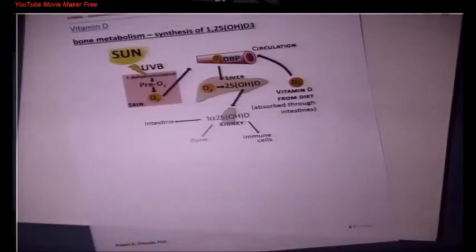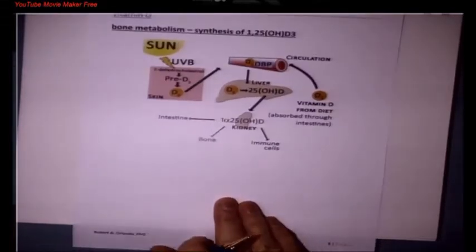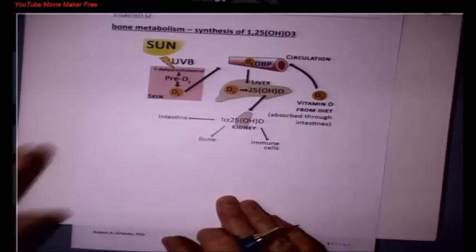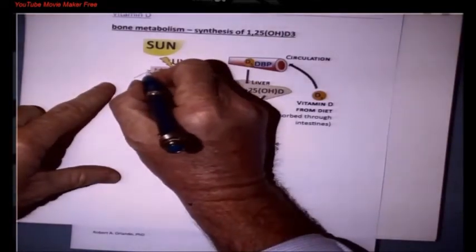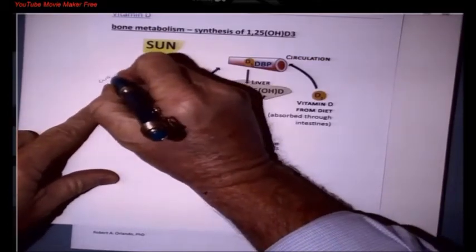Okay, vitamin D. This is a big one, vitamin D, because this is going to spill nicely over into endocrinology. So we get vitamin D from two sources. The first source is 7-dehydrocholesterol. We make this.